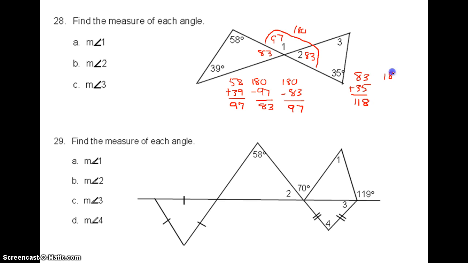And I know a triangle has 180, so 180 minus 118 equals 62. Measure of angle 1 equals 97 degrees. Measure of angle 2 equals 83 degrees. And the measure of angle 3 equals 62 degrees. Done.